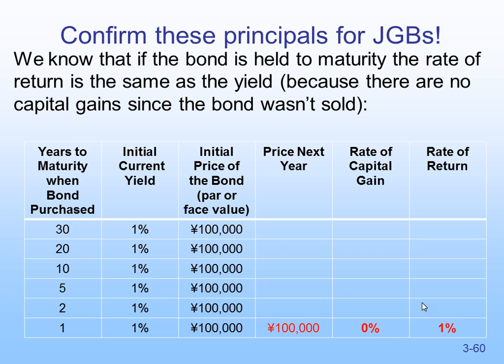This one is not affected because it's held to maturity. Then all of a sudden the interest rate doubles. So for the 1-year bond, there's no capital gain or loss, and the rate of return is the same as the current yield. But how about the other bonds? See if you can fill that in.